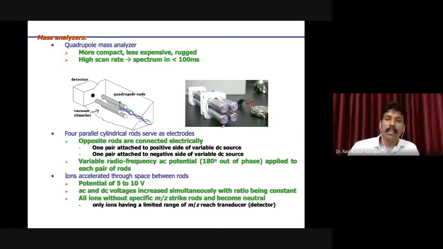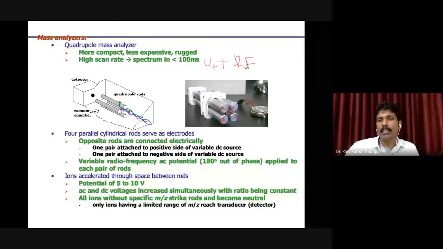Okay, I repeat, basically here we use a combination of voltage plus radio frequency. Between these 2 poles, let's say this is positive, so we will apply a positive voltage between these two opposite ones, and then a unique radio frequency pulse.